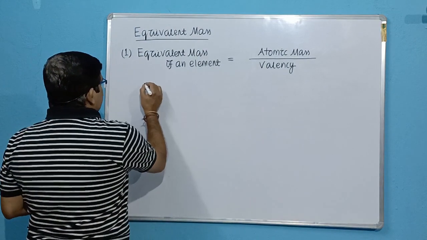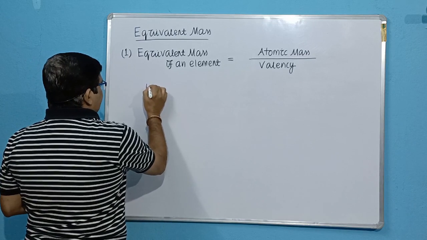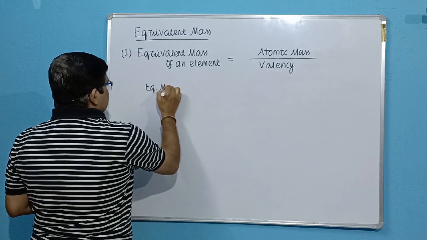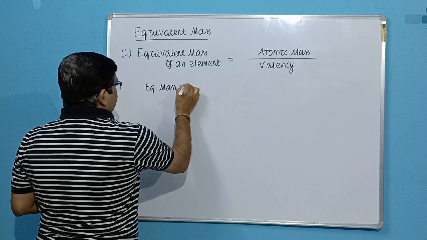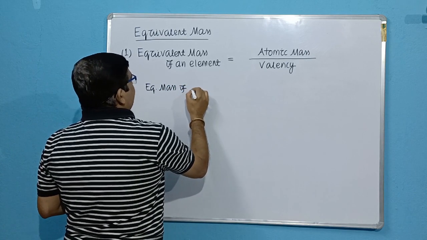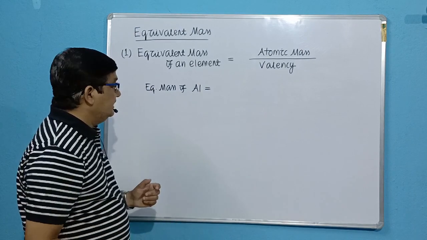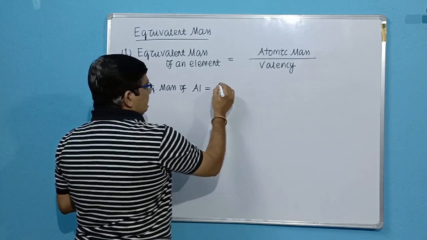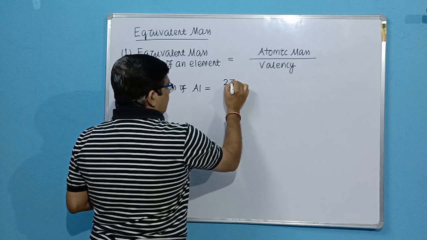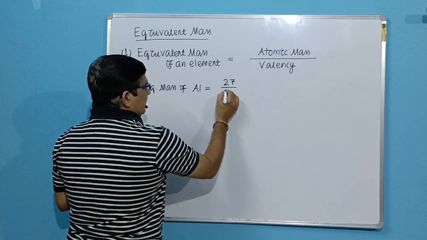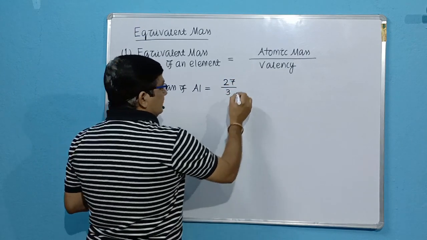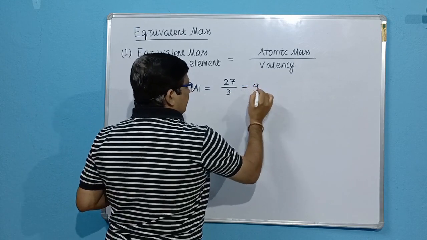For example, we will start with the equivalent mass of, let us say, aluminium. Just now we calculated aluminium indirectly. So atomic mass of aluminium is 27, valency of aluminium is 3. So what will be the equivalent mass? 9.